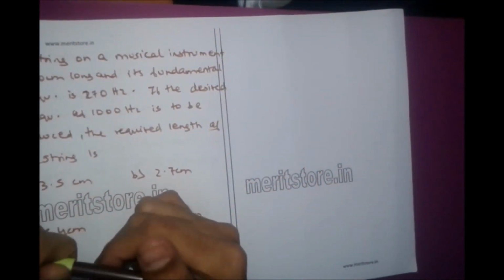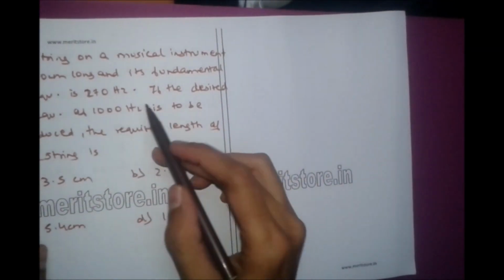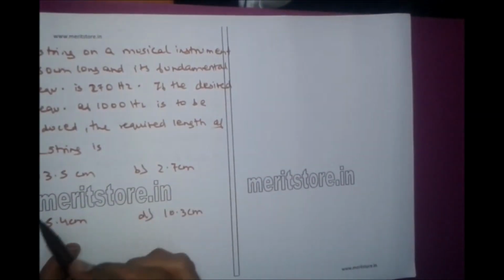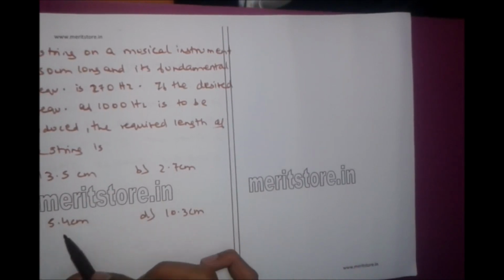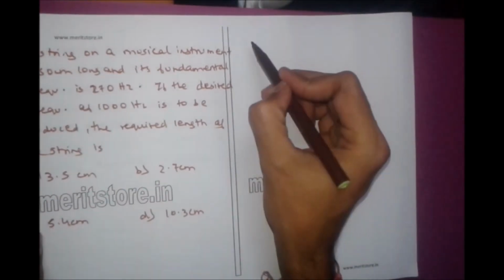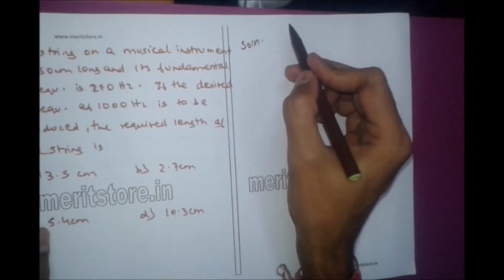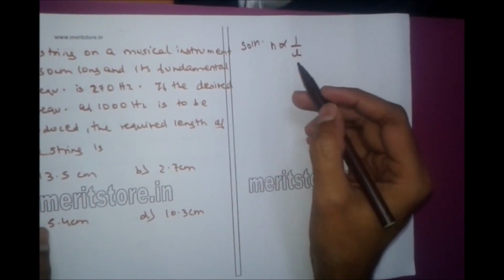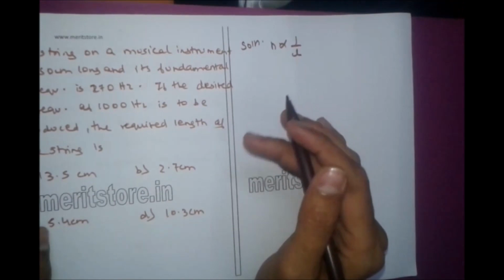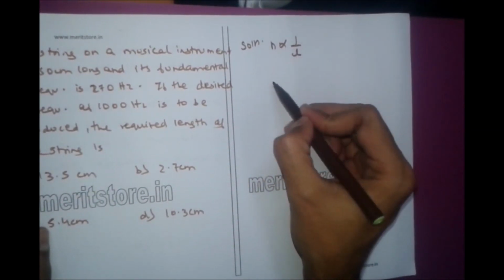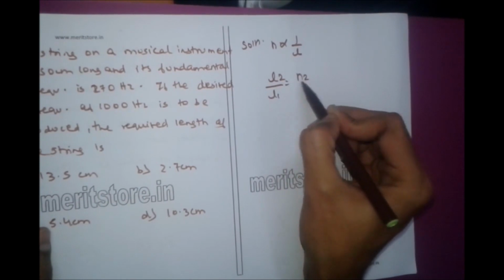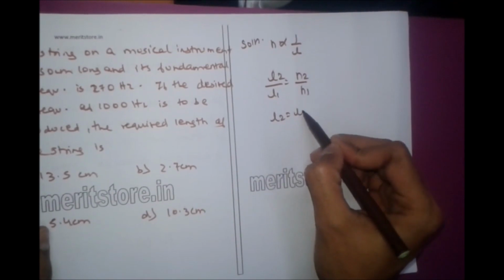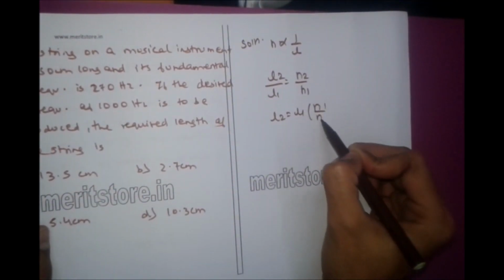The string of a musical instrument is 50 centimeters long and its fundamental frequency is 270 hertz. If the desired frequency of 1000 hertz is to be produced, the required length of the string is 13.5 centimeters, 2.7 centimeters, 5.4 centimeters or 10.3 centimeters. We have that the frequency is directly proportional to 1 upon L. So for the two strings, L2 upon L1 is equal to N1 upon N2. So L2 is equal to L1 N1 upon N2.